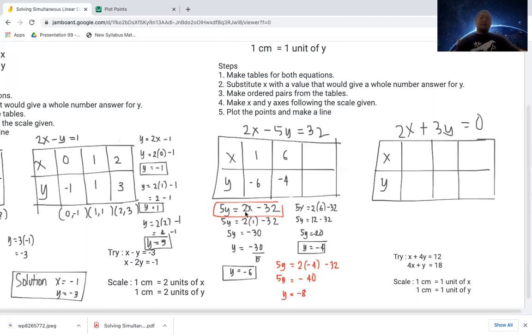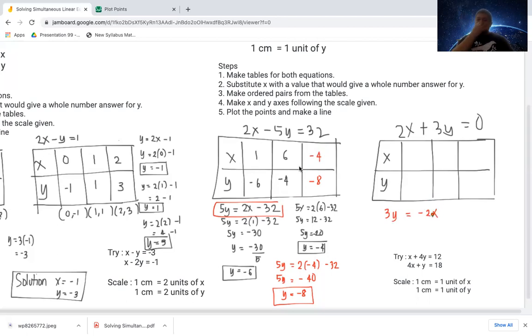So notice here, guys, that Mr. Ronald is manipulating the values so that it will be possible for you to have exact values for x and y, and at the same time, the numbers are not that big, which means that it will be more time efficient for you to graph these lines. Okay, the same thing is what you're going to apply here. So let's say we have 2x plus 3y, so we can say that 3y is equivalent to negative 2x.